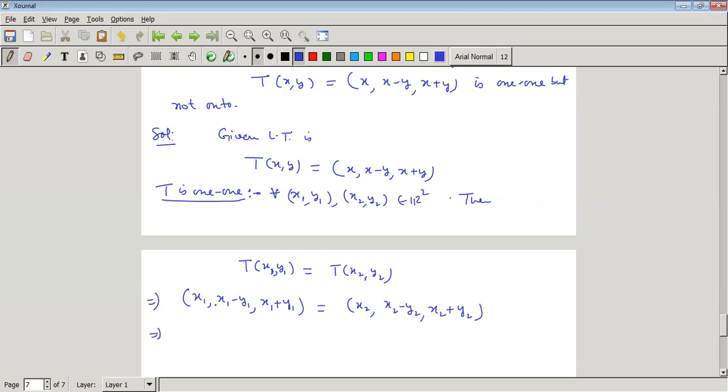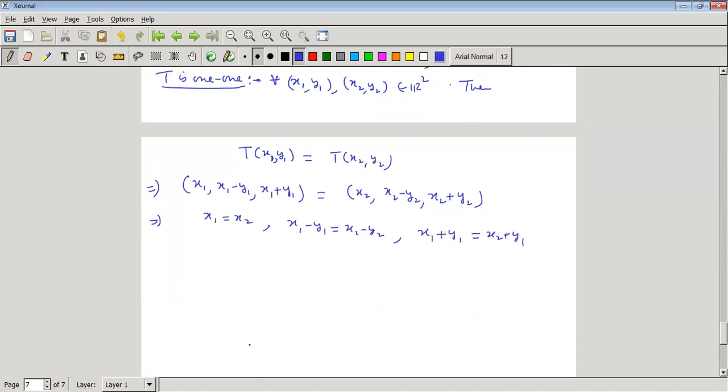How are they equal? Two ordered pairs are equal if each and every element of the ordered pair is equal to the corresponding element of the second ordered pair. That is, if x1 is equal to x2, x1 minus y1 equal to x2 minus y2, and x1 plus y1 equal to x2 plus y2. Since from the first we get x1 equal to x2, if we put this in the second, we get y1 equal to y2.